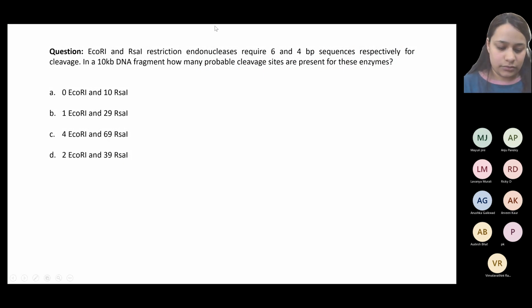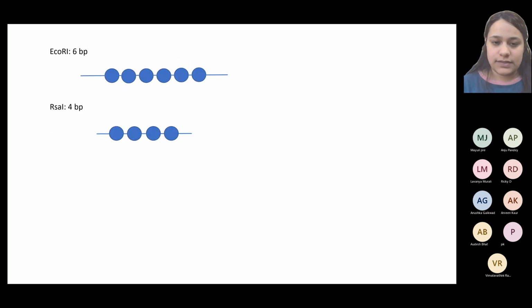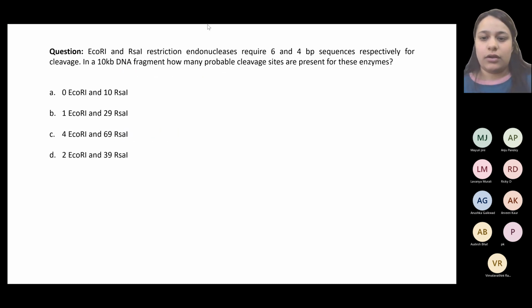Is it visible now? Yeah, as of now it's visible. Now it's visible. You can see my screen moving also. Okay, I will try not to disturb it now.